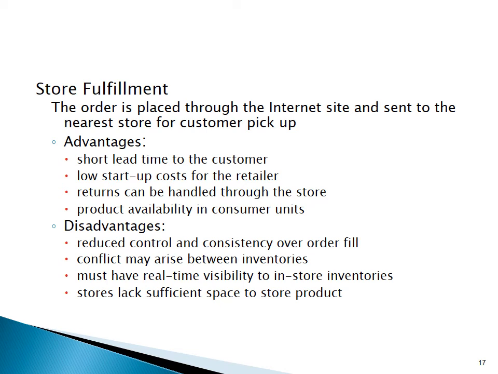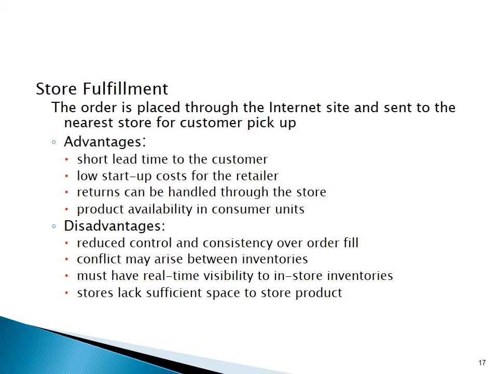So though the goods are available in store, it's already sold. So that's a problem. If a customer comes and wants to buy a laptop which is being displayed, but internally that particular laptop is already sold to one customer. So these are some of the problems of this store fulfillment.